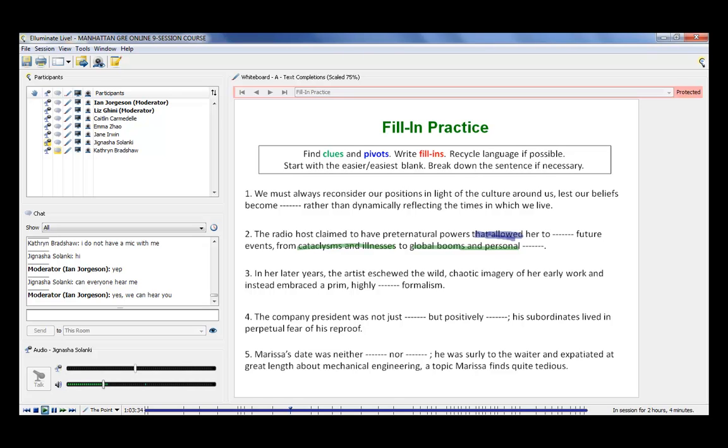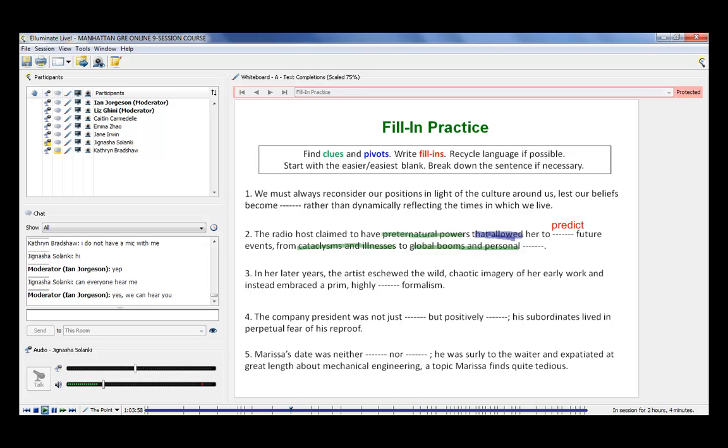So that means he's kind of predicting something here. So I think the first clue here should be the radio host claimed to have preternatural powers that allowed her to predict future events. So I think that points to predict future events.